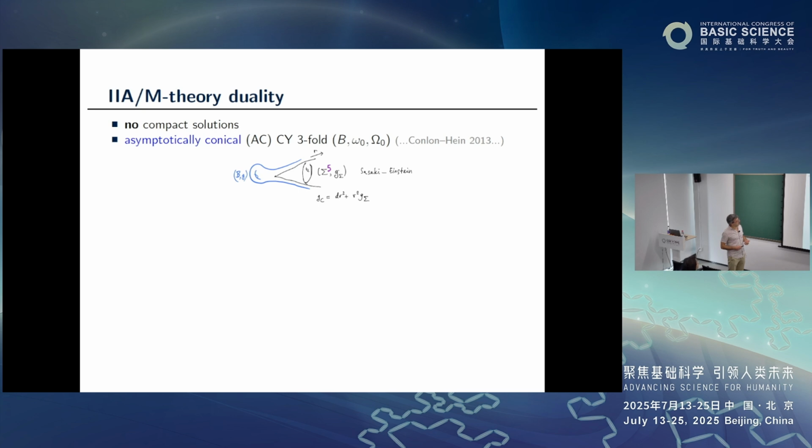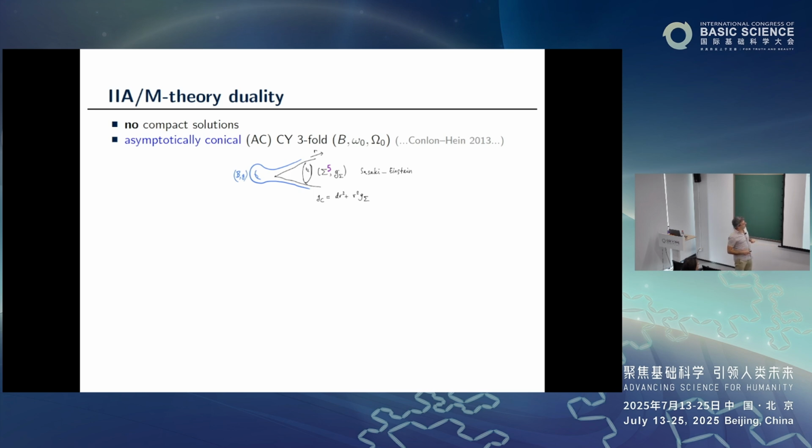These are complete metrics that are asymptotic at infinity to a cone over a Sasaki-Einstein link. They're smooth, but non-compact at infinity.